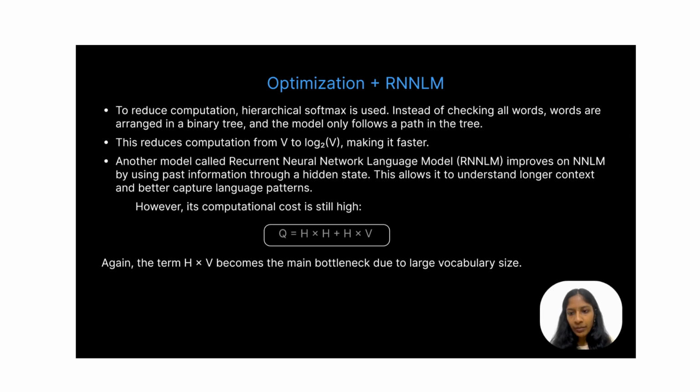Since the vocabulary can be extremely large, tens or even hundreds of thousands of words, this makes the model very slow. So the main bottleneck in NNLM is this large vocabulary computation, which significantly increases the cost. And this is exactly what Word2Vec tries to fix by reducing this computational complexity.